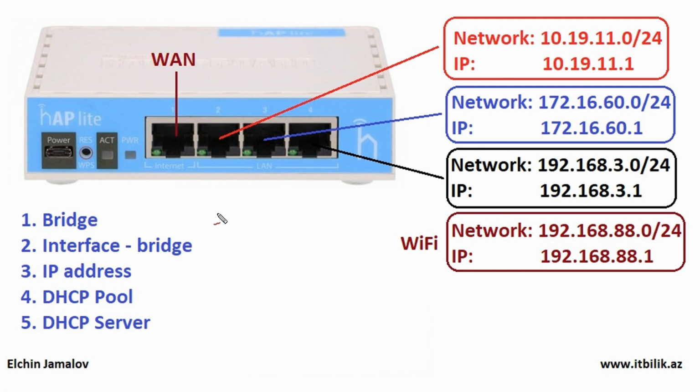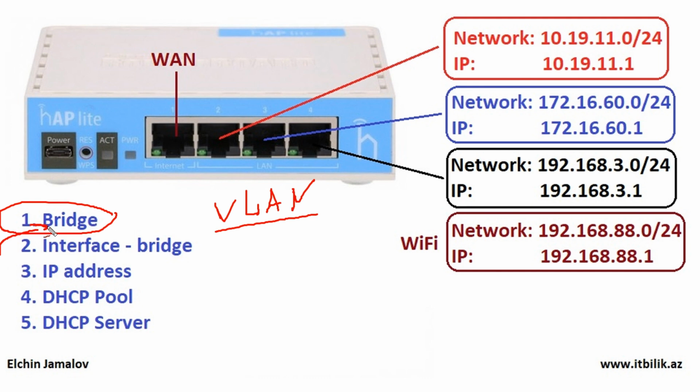We can implement this via 2 methods. One method is using VLANs, maybe you have heard about this, virtual local area networks. The second method is to use bridges. The most popular method is using VLANs, but with VLANs we isolate these networks virtually. If we use bridges, we isolate them using hardware.